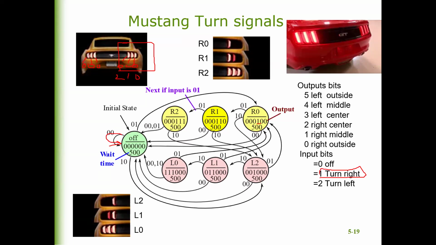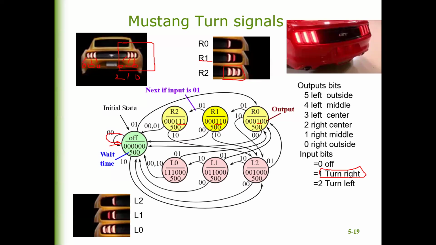So bit 2 will turn on first. And if we are still at turn right, we will go to the R1 state, so that's why the second light will be on. And then if we are still at turn right, we will go to the R2 state, where all the 3 lights will be on, so that's why all the 3 bits are on.